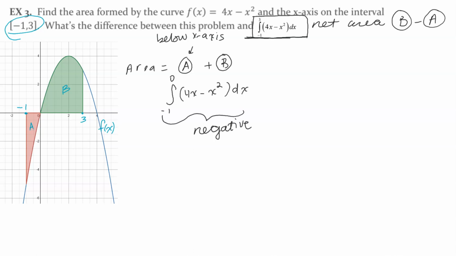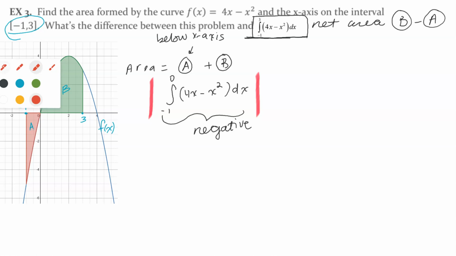But we don't want the negative value, because we're actually talking about the area, and the area is a positive value. So we can deal with this a couple of ways. One is to take the integral as is, and then take the absolute value to say that my area is a positive number.